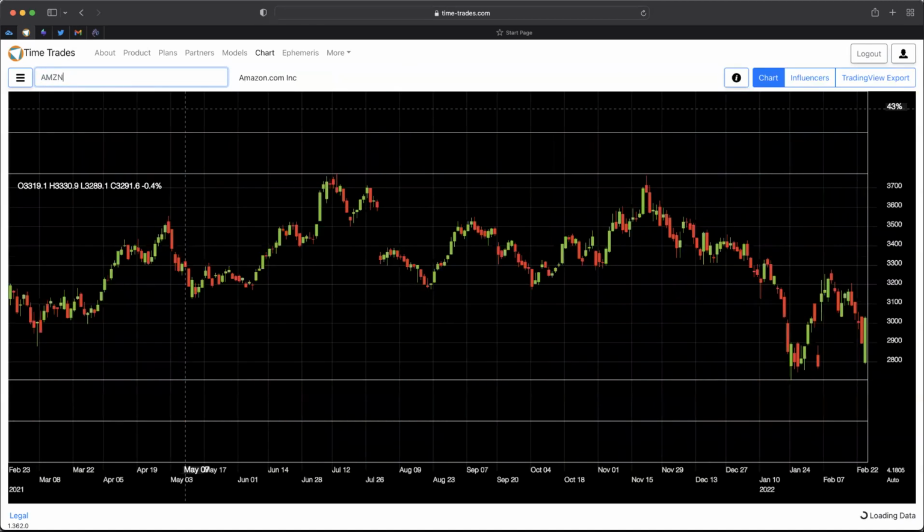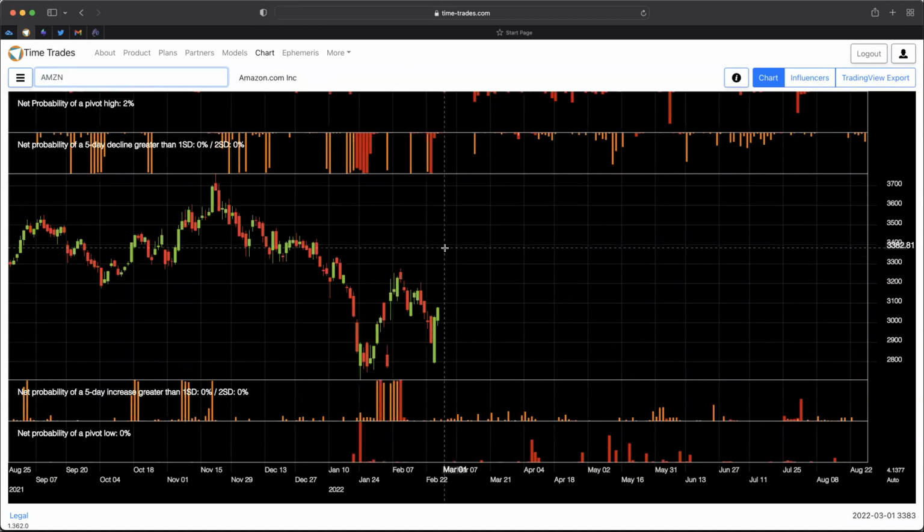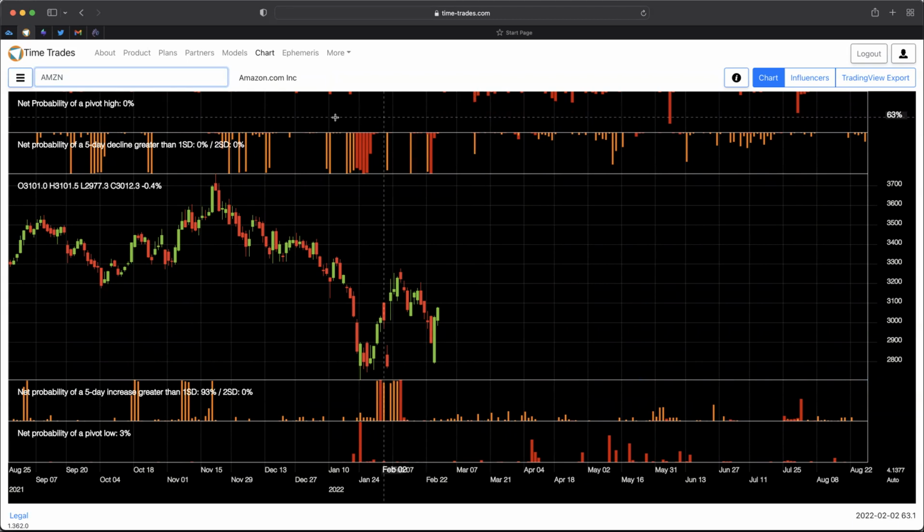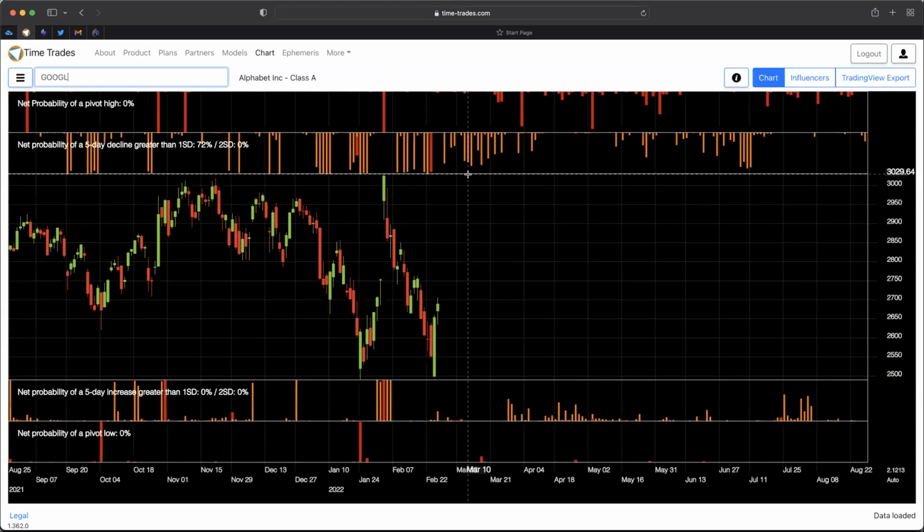Let's take a look at Amazon. Amazon, not a lot here of information. If we take a look, probably the biggest element is the pivot high March 14th. Let's look at Google. So Google has mostly one standard deviation down moves until March 16th.